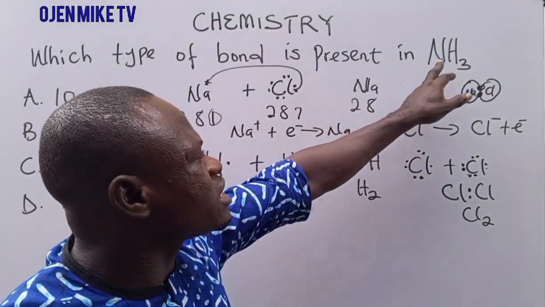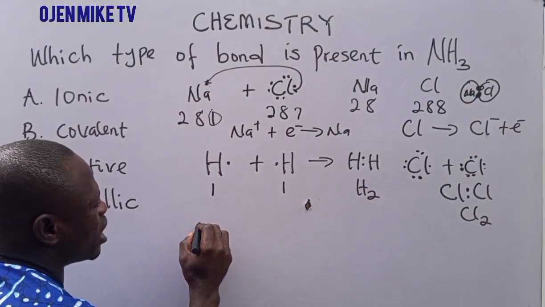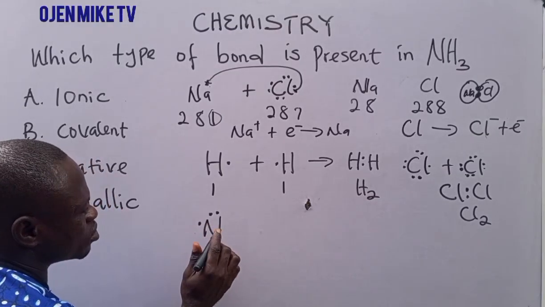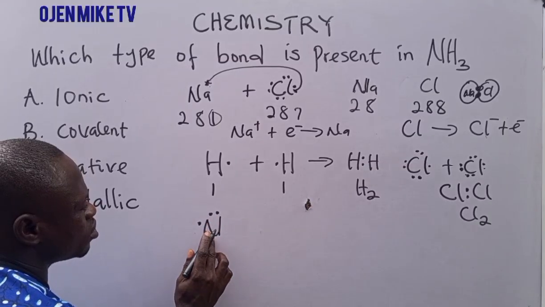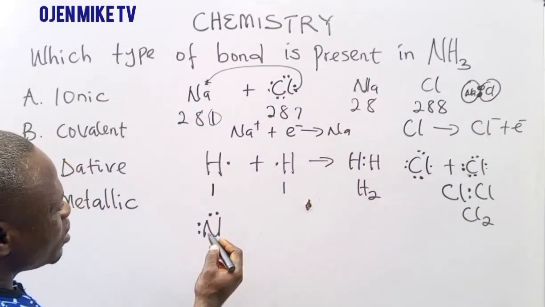An example is found in this ammonia. Ammonia, we have NH3, with 1, 2, 3, 4, 5 valence electrons on nitrogen.